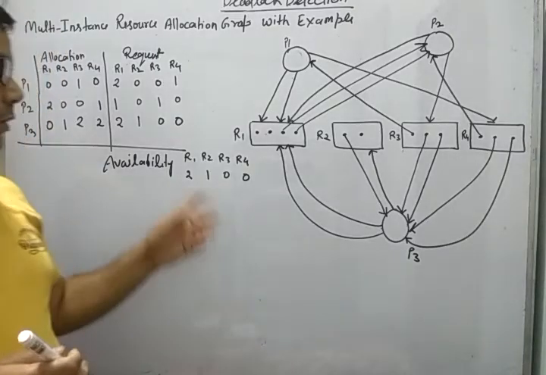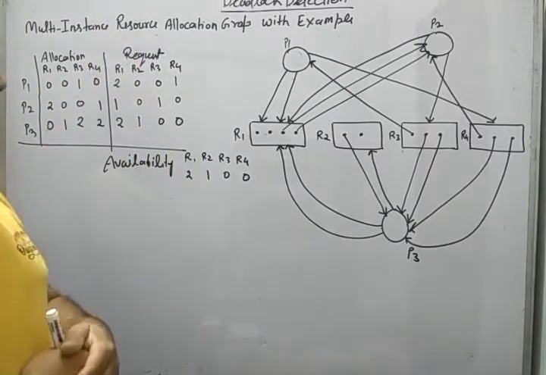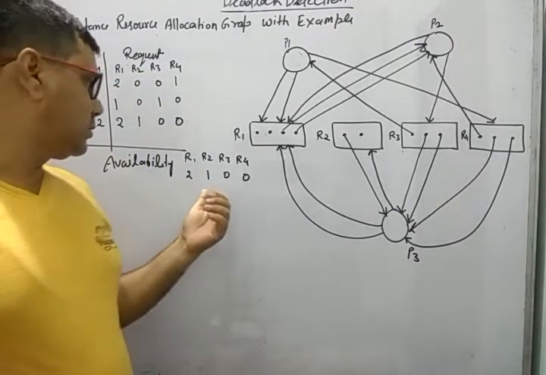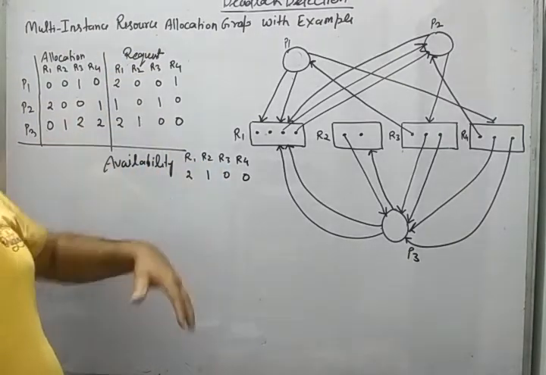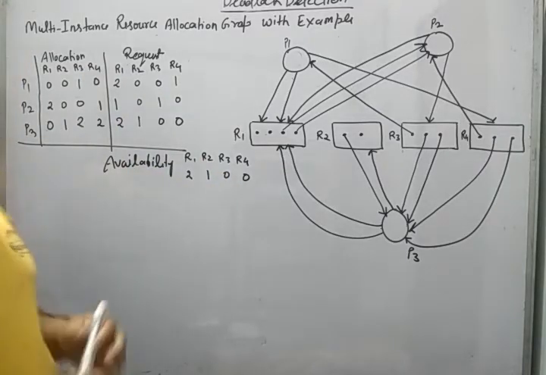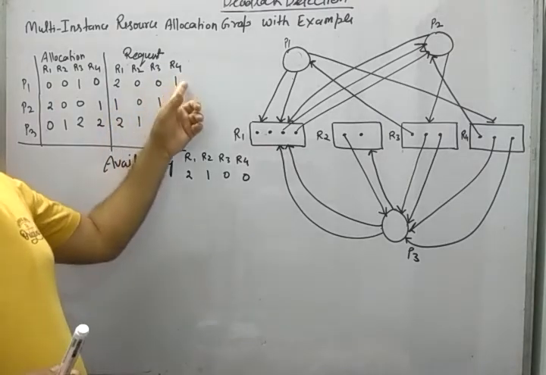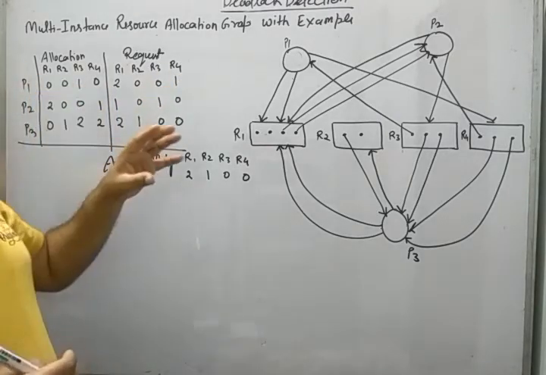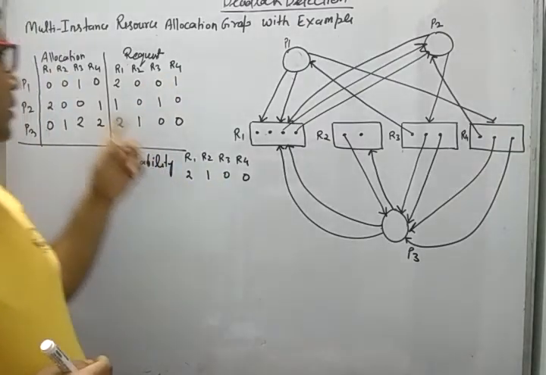Now, here we will look into the request table. We will test which request the current availability can fulfil. P1's request is 2001. Because of the one request of R4, the P1 request cannot be fulfilled by the current availability.